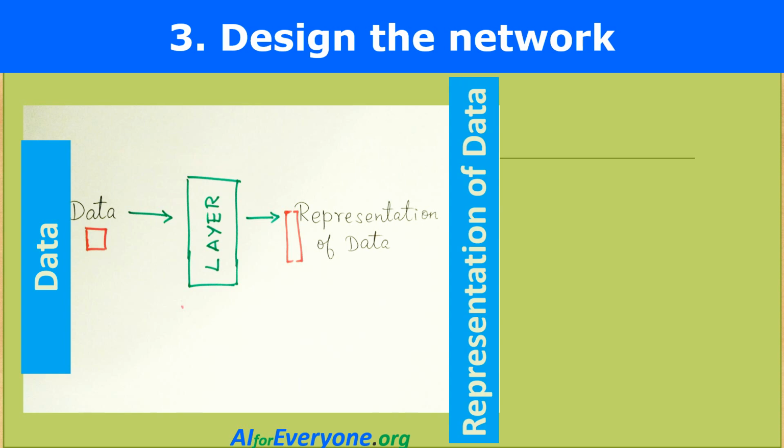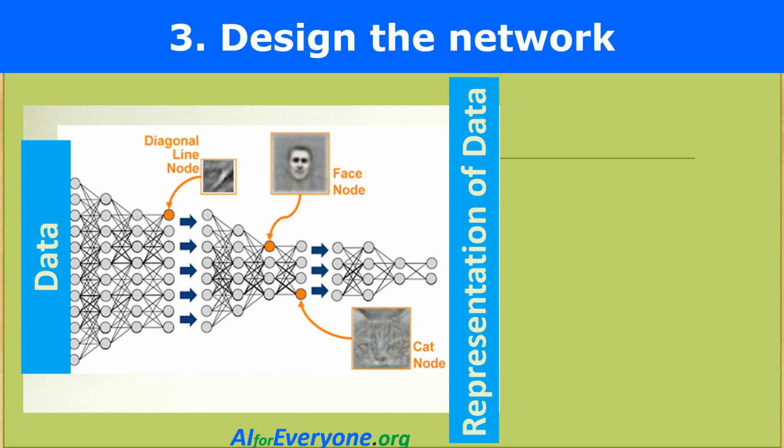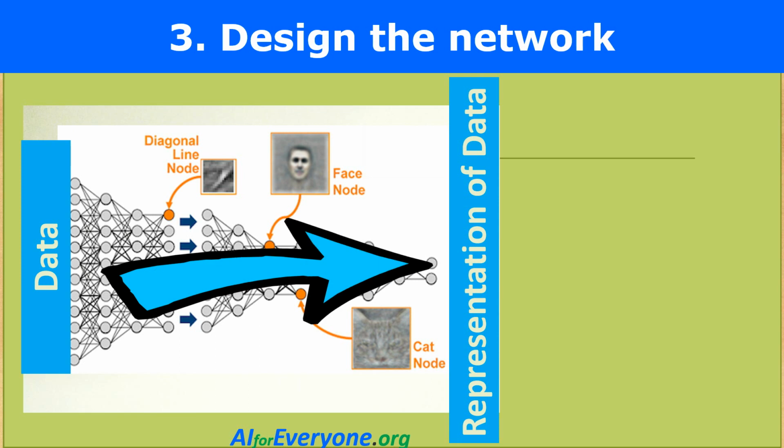We need to develop a representation of the data. A neural net could be developed to learn about the data and represent it in a form that becomes the network. So this transformation of input data into its representation is one of the core strategies of a deep learning framework.